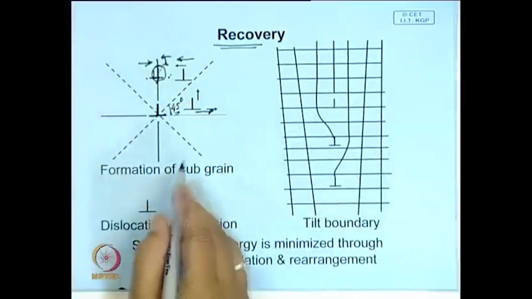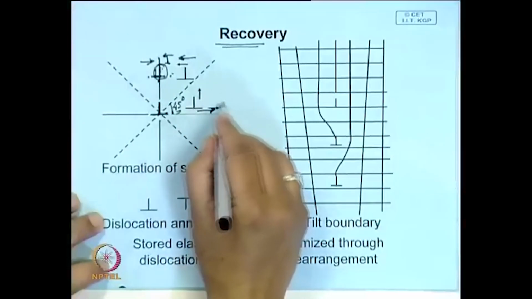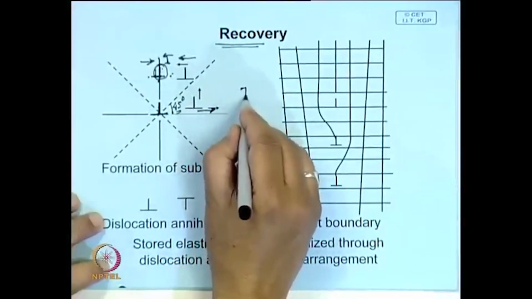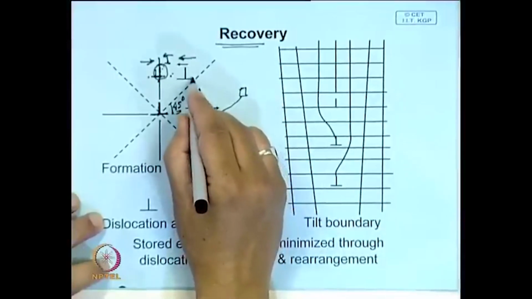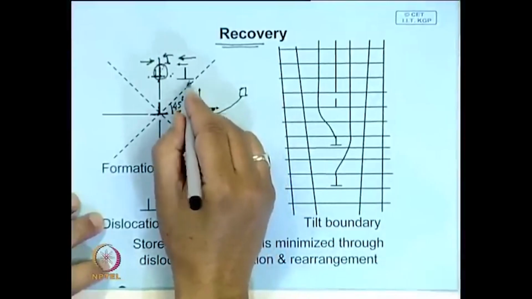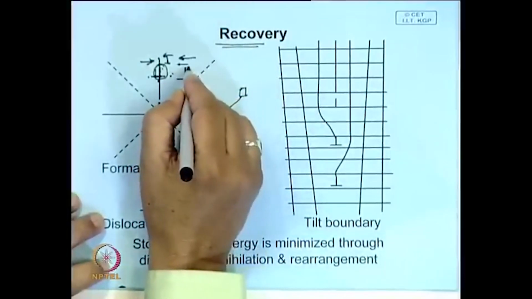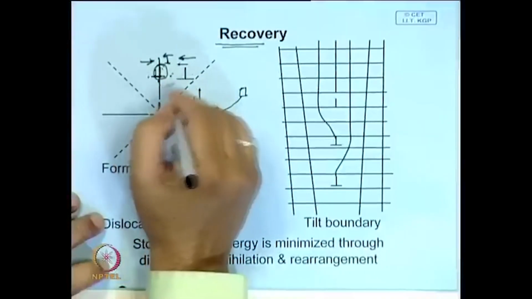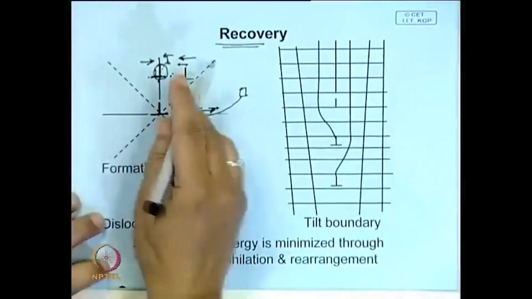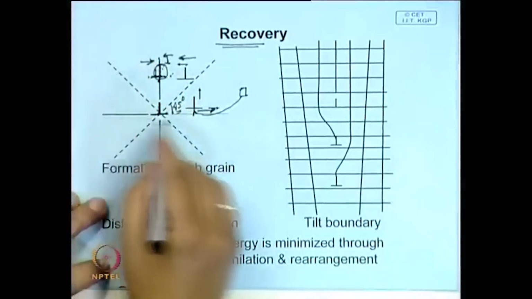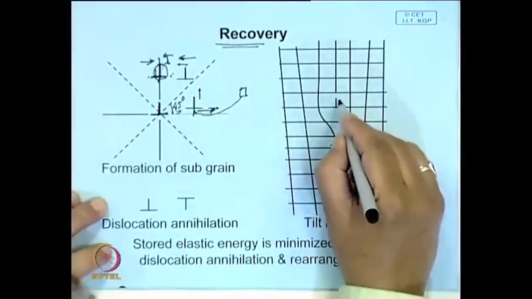So, that means if the temperature is high, the dislocation can climb, because the vacancies from somewhere in the lattice will diffuse to this place, and this dislocation will climb, and once it crosses this particular line, then because of its stress field it moves to this position of equilibrium, and in this way such an array of dislocations can form in a crystal, which is shown here in this lattice.